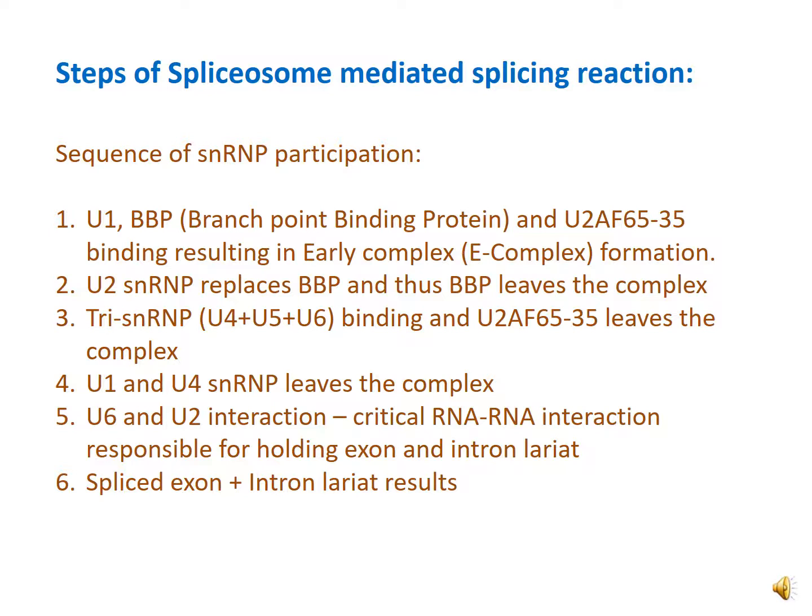This is followed by the removal of U1 and U4 snRNP, and U6 and U2 interaction in the group forms the critical RNA-RNA interactions that are responsible for holding the exon and intron at the reaction center, holding the two groups which are already freed. So this finally results in the spliced exon and the leaving intron lariat.